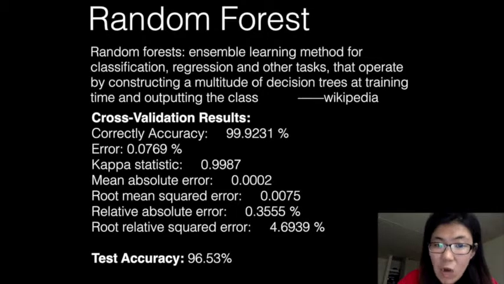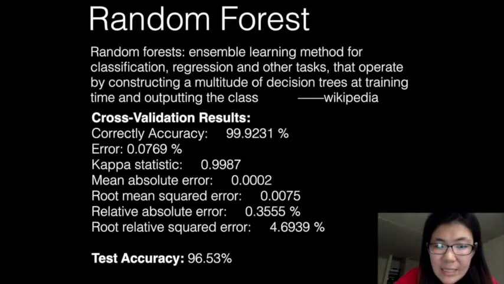It integrates many algorithms into the model and then uses a vote to do classification, regression, and other tasks, operating by constructing a multitude of decision trees at training time and outputting the class. The algorithm is fancier than bagging. So here is my result of cross-validation.